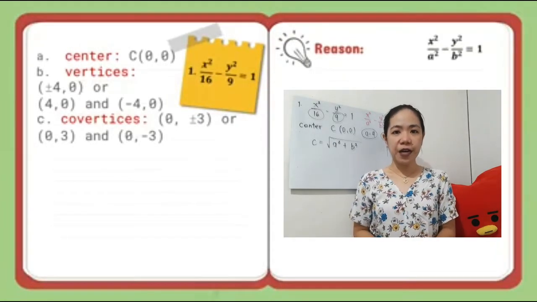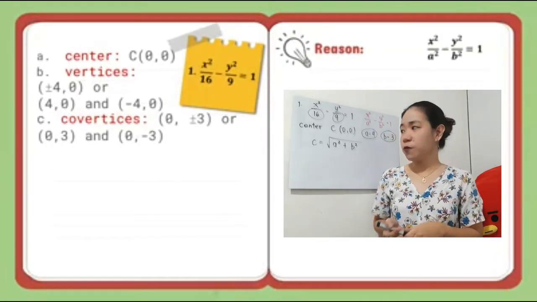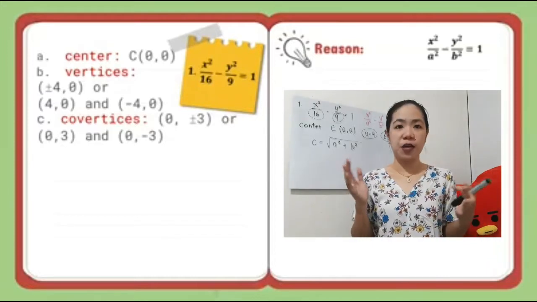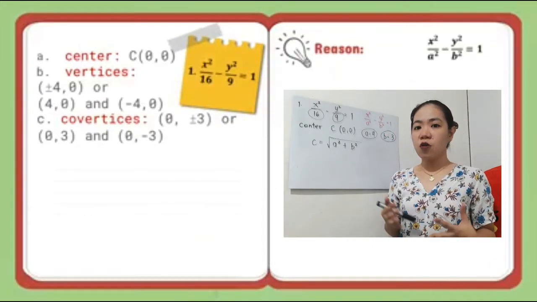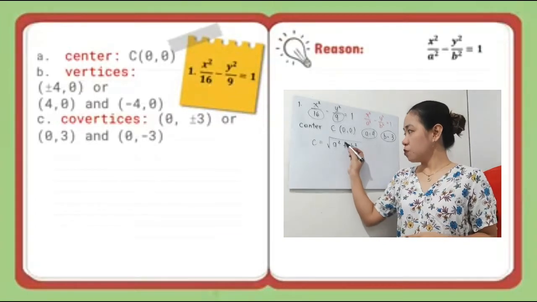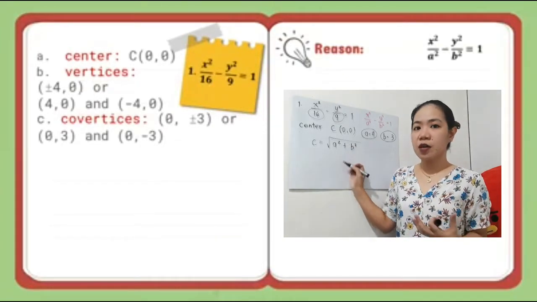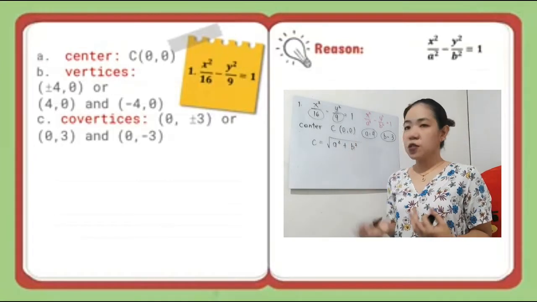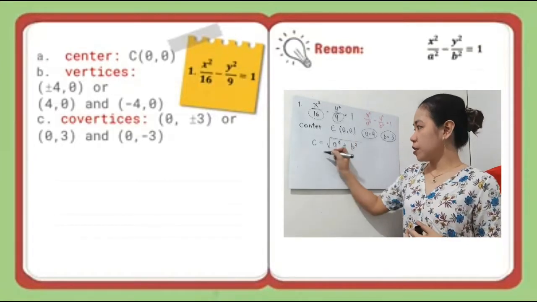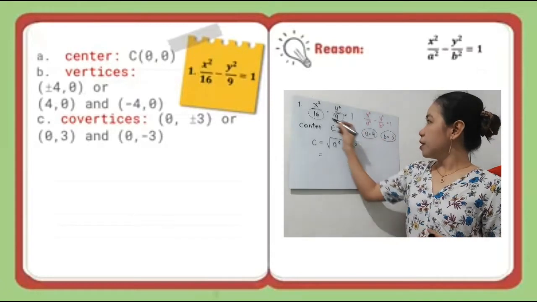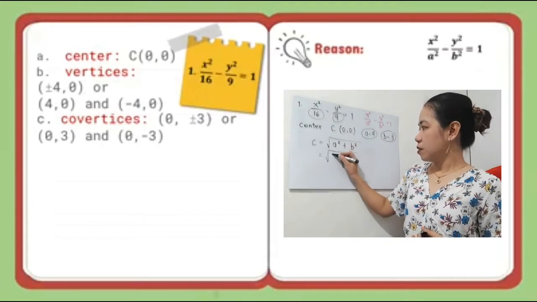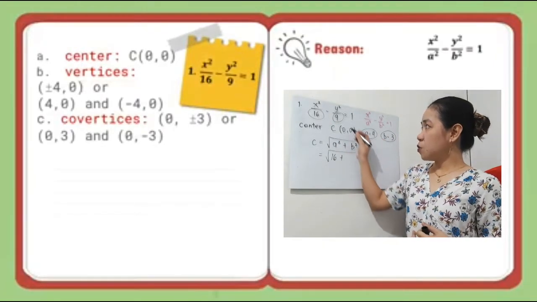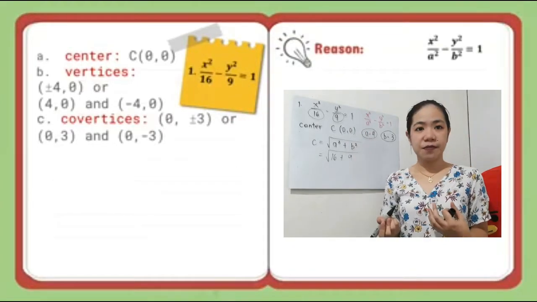Let's now solve for the value of c. You might get confused because last time when we tried to get the value of c on the ellipse, we used minus here. But this time it's a different formula. So we'll use c equals the square root of a squared plus b squared. Let's substitute. A squared is 16 and b squared is 9.